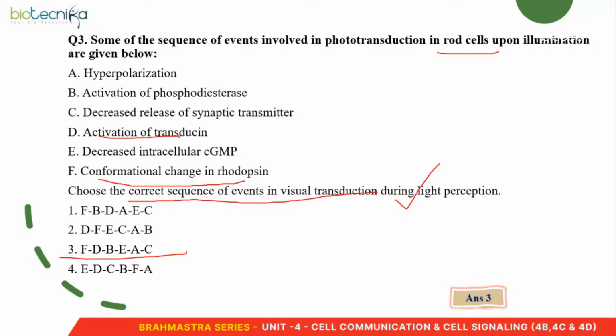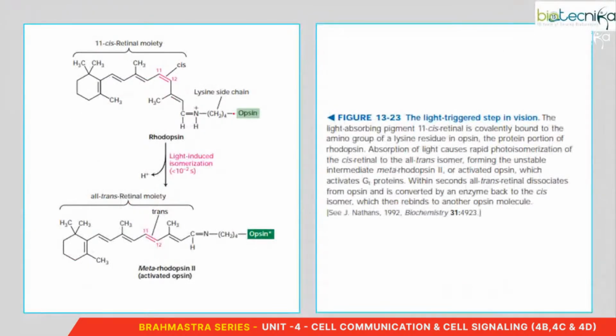Once transducin gets activated, phosphodiesterase will be activated. Phosphodiesterase is responsible for breakdown of the second messenger, so obviously decreased intracellular cGMP, right? After that, the hyperpolarization event takes place. Then there will be decreased release of synaptic transmitter. So you can remember it in this way.